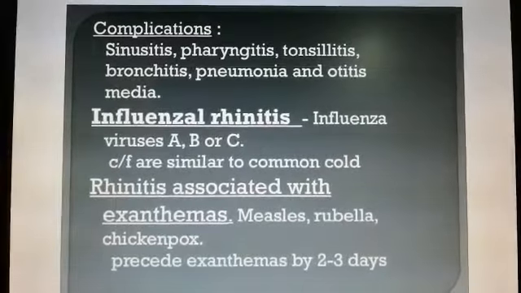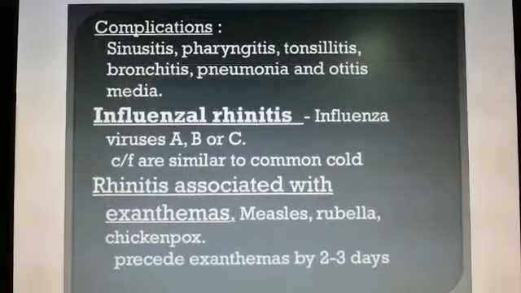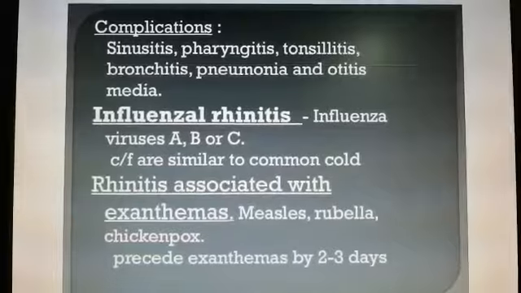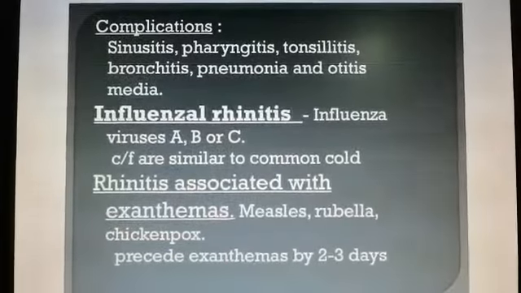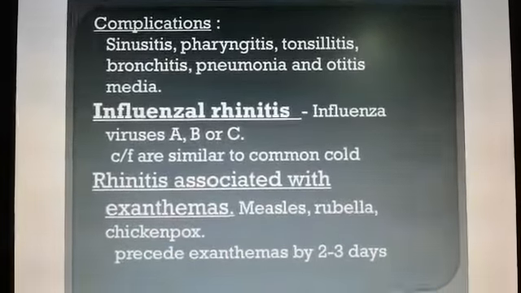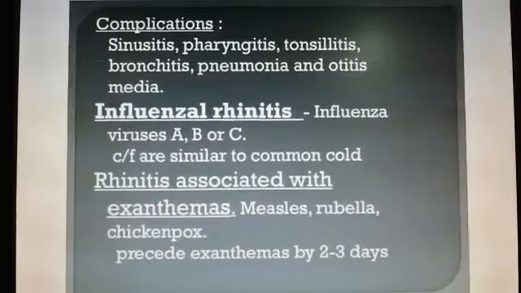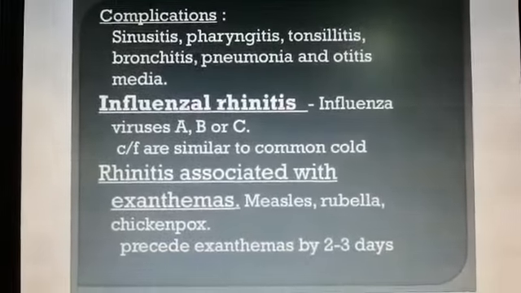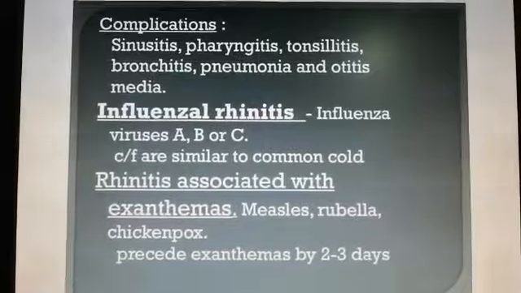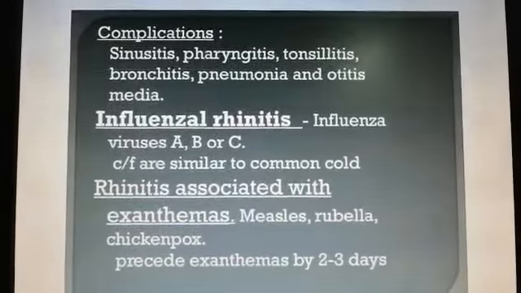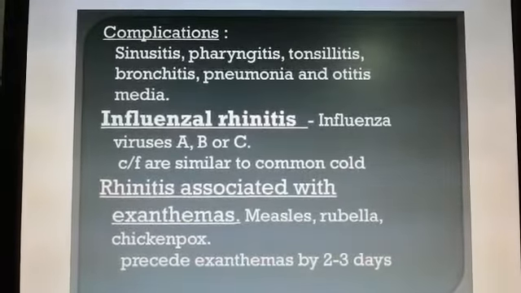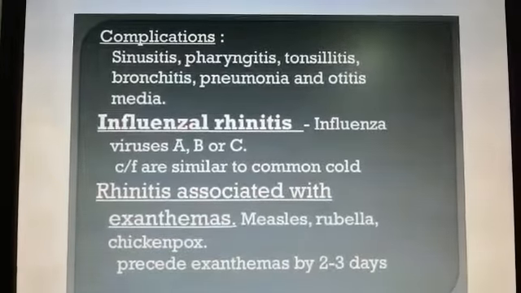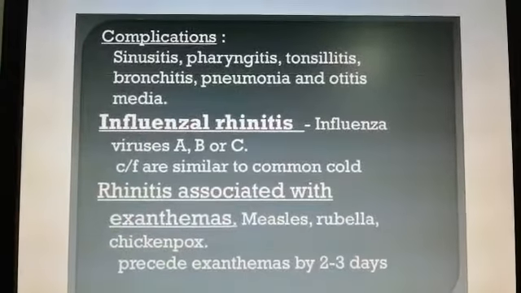So infection can ascend from the nasopharyngeal end into the middle ear, and that can lead to otitis media. You all know this, but just to reiterate the fact. And then the other complications, presuming that the patient is having acute rhinosinusitis, if the patient is having post-nasal drip and that is infected, it can lead to tonsillopharyngitis. The other complications such as bronchitis and pneumonia or the lower respiratory tract infections are also explainable in the similar way.